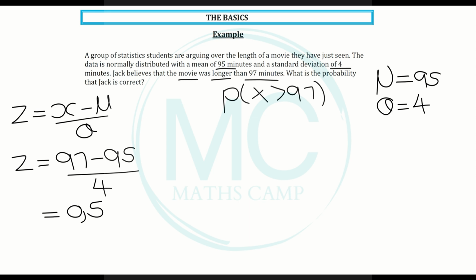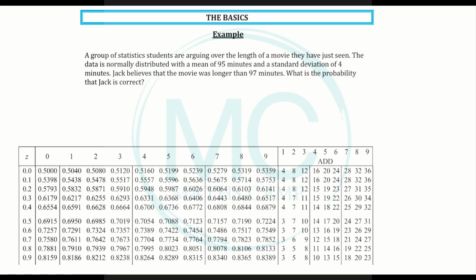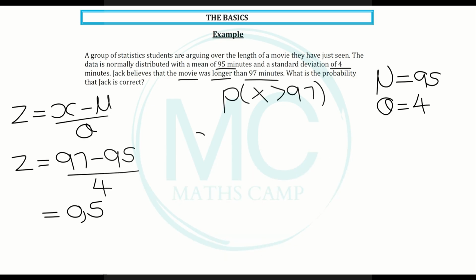Now I can go to my distribution table, 0,5, and I get 0,6915. Probability is equal to 0,6915. But this probability is the probability that x is smaller than 97.